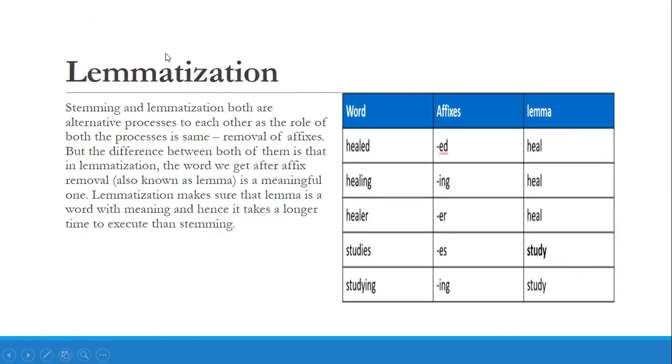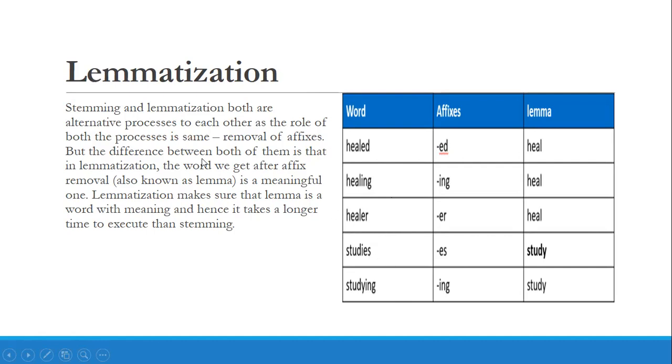So stemming and lemmatization both are very similar, but they are alternative processes to each other. That means we use either stemming or lemmatization in our process. Lemmatization is also the same. We are removing the affixes ed, ing, er, es, ing.